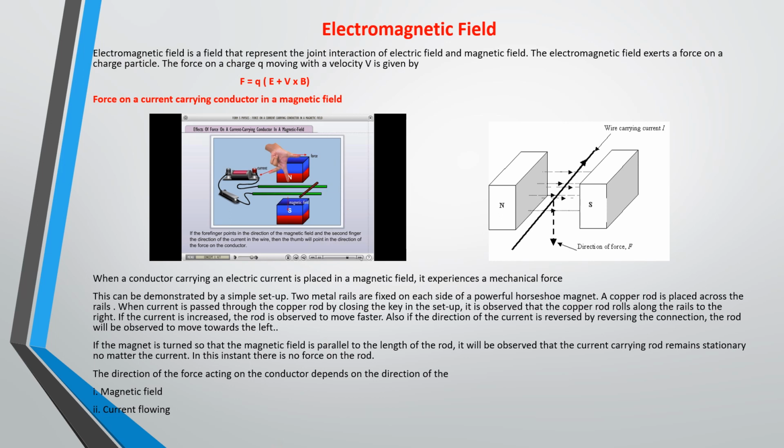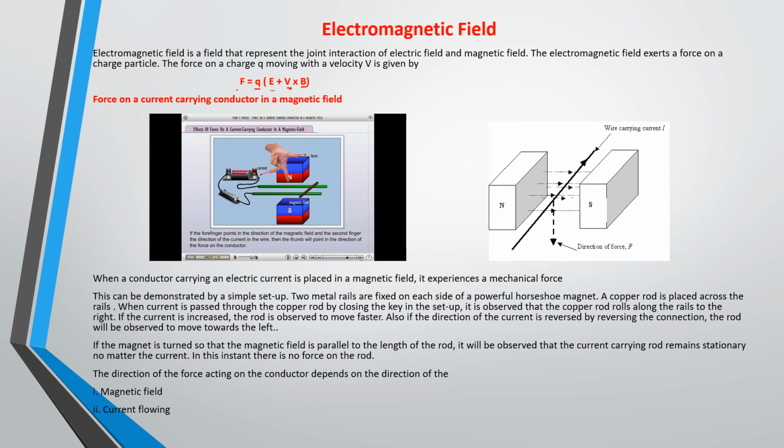Force is equal to the quantity of the charge times the electric field plus the velocity and the flux density, where B is the electromagnetic flux density or magnetic flux density. This is the equation for the force on a charge moving with a velocity in a magnetic field.